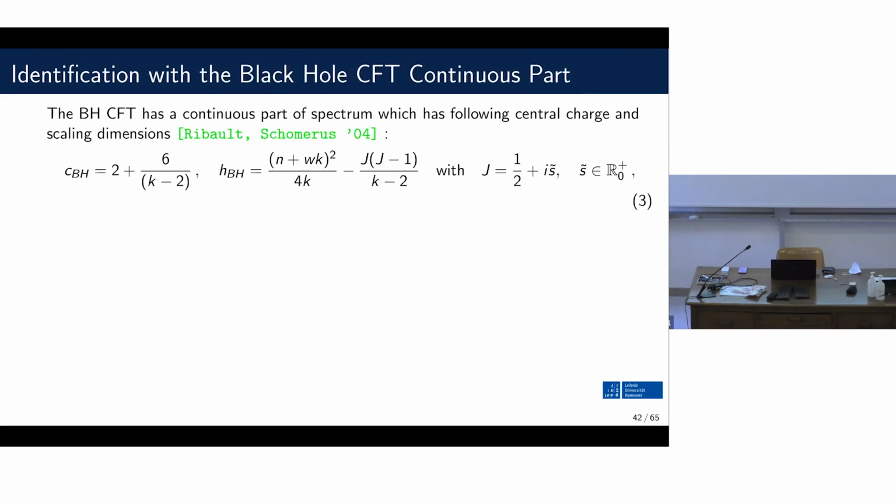So this is nice, and then one wants to identify it with the CFT. Here I'm importing some knowledge about the black hole CFT from Roland and Schomerus. They have this central charge and these primary conformal fields. And this is the bit where the non-compact part goes in, since this has not just a discrete variable, but a continuous one.